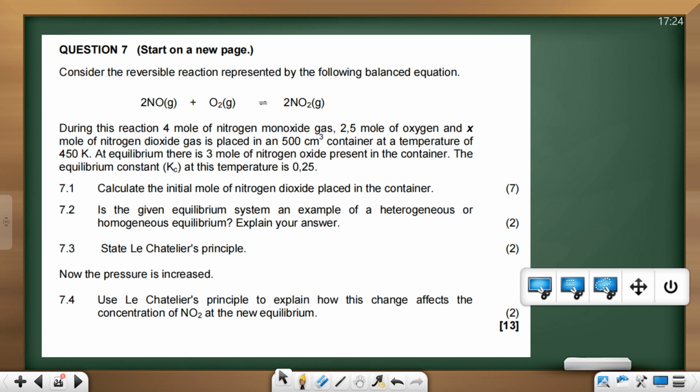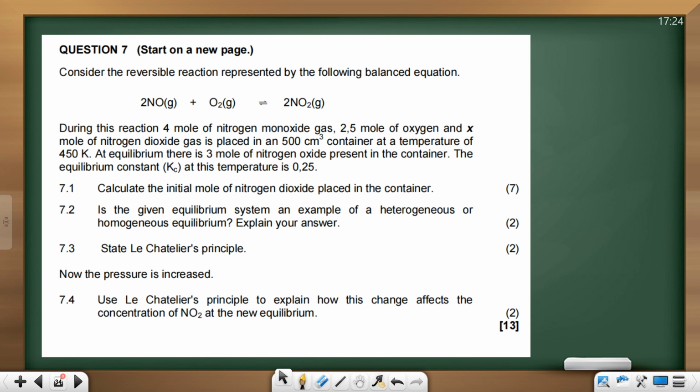All right, this is your question. Let's see, guys, quickly. Could this be difficult? Okay, there's X again. Fatima and Rabia, do you see here I have Kc? It means I should be able to calculate this X. Let's read quickly. Consider the reversible reaction below.